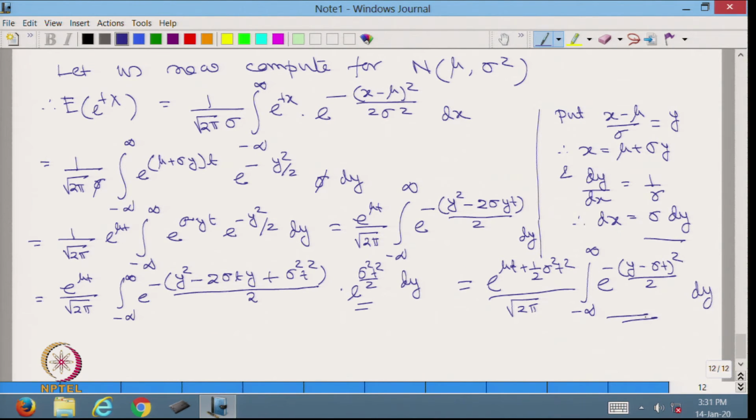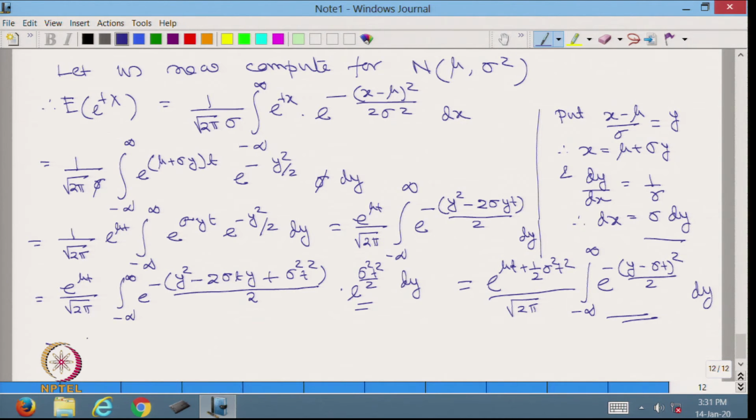And this we know is a standard normal integration. By changing y minus sigma t to z, we can write it as e to the power minus z square by 2. Therefore, that is going to give us root 2 pi.